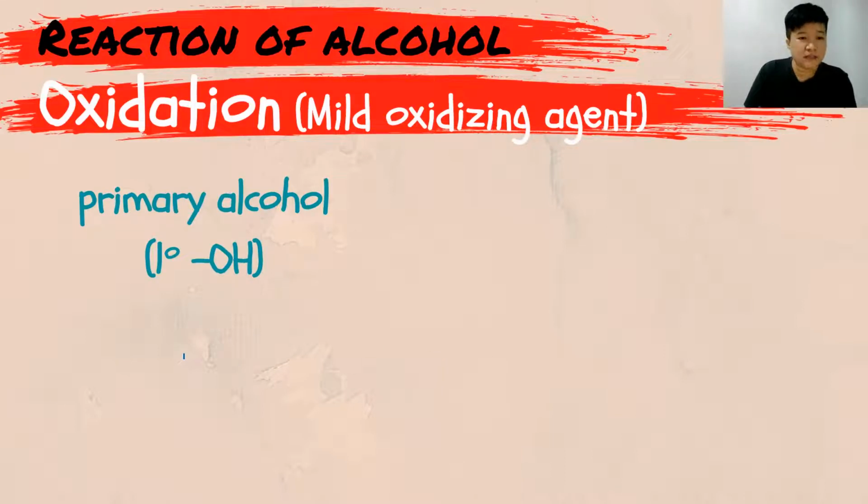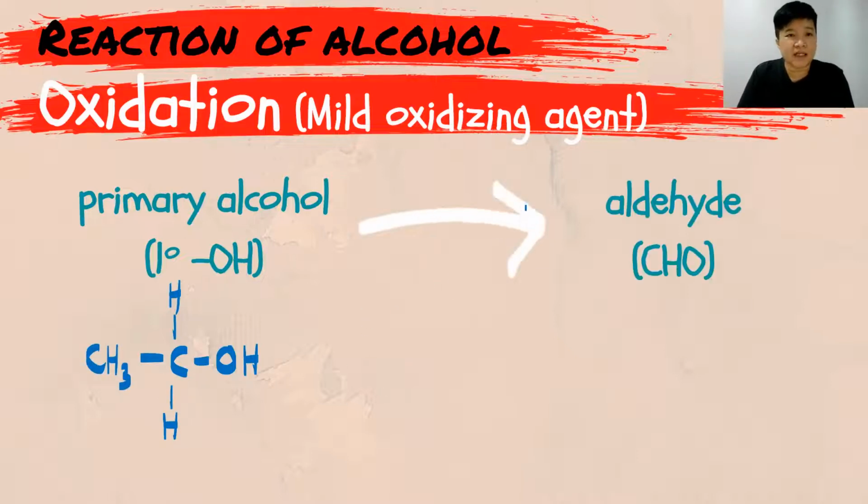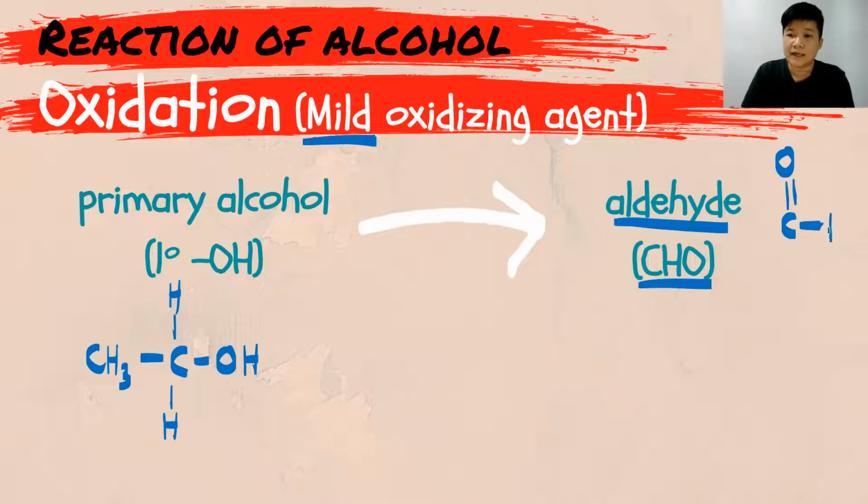We know that, again, your primary alcohol means your OH is holding only to one carbon over here. That is your primary alcohol. And when it undergoes a mild oxidizing process, it will then become aldehyde. You know that your aldehyde is your C double bond O H.